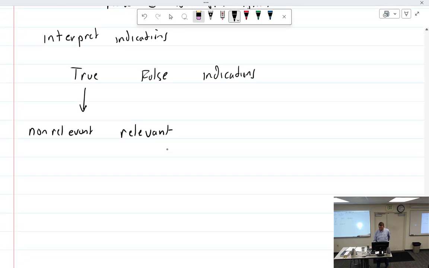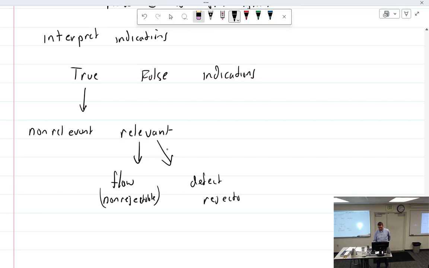If relevant, is it a flaw, or is it a flaw which is non-rejectable, or is it a defect, which is rejectable?